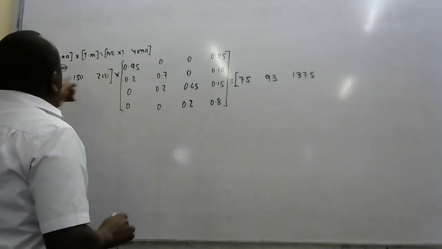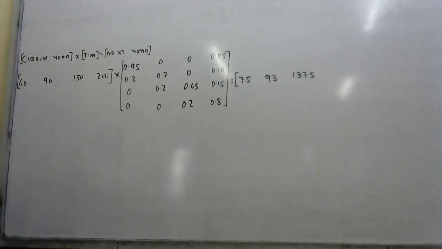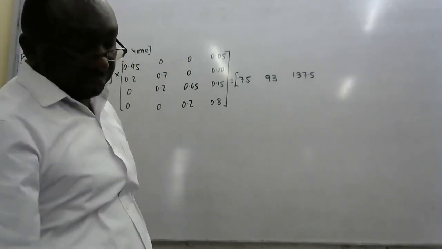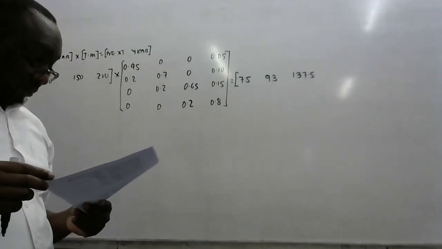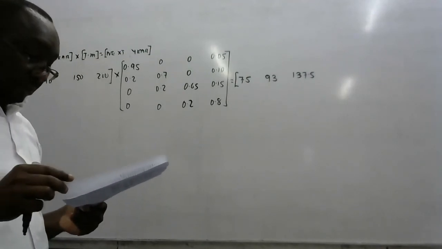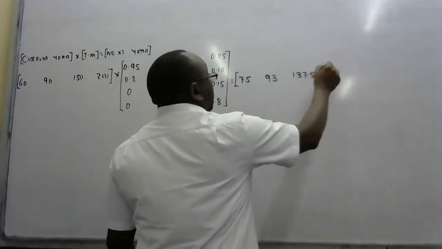Then that's how you multiply. 60 times 0.05, 90 times 0.1, and 150 times 0.15, plus the last term, which gives 194.5.